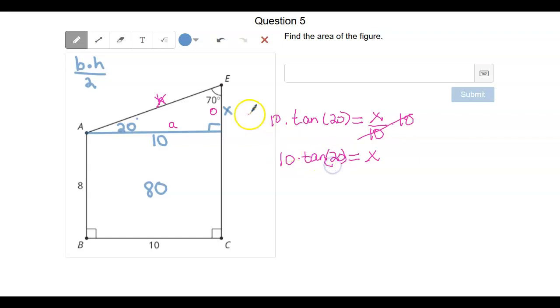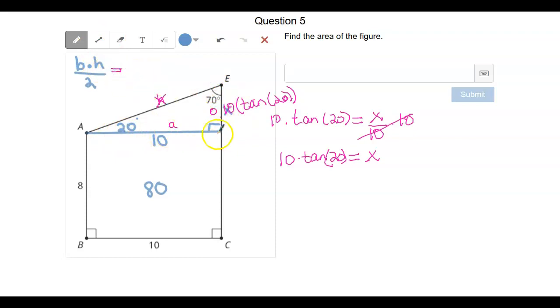Now, I'm going to leave it like this for now. It's going to look kind of ugly. 10 times the tangent of 20. Okay? Now, in order to find the area of the triangle, I'm going to take the base times the height and then divide that by 2.